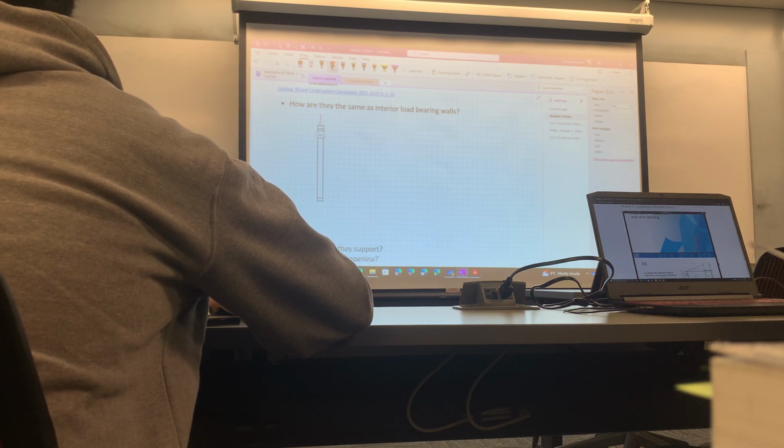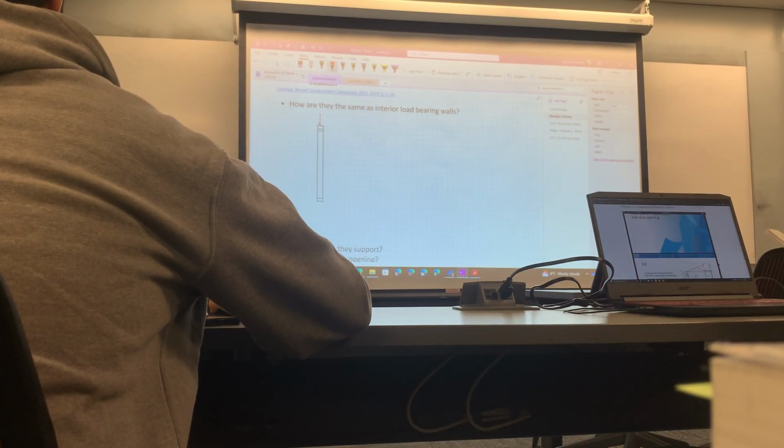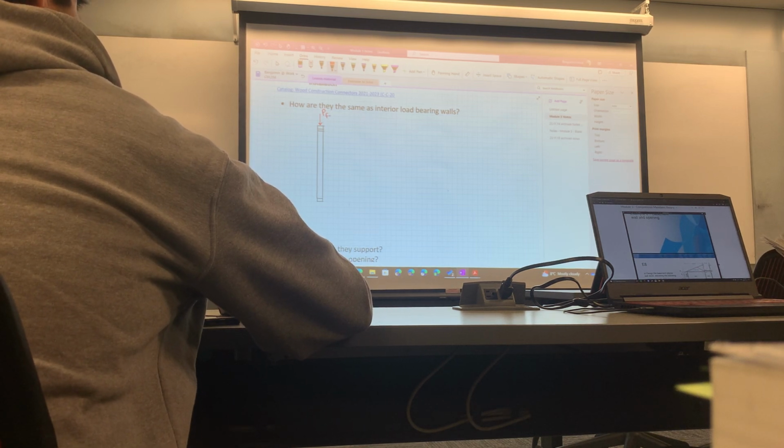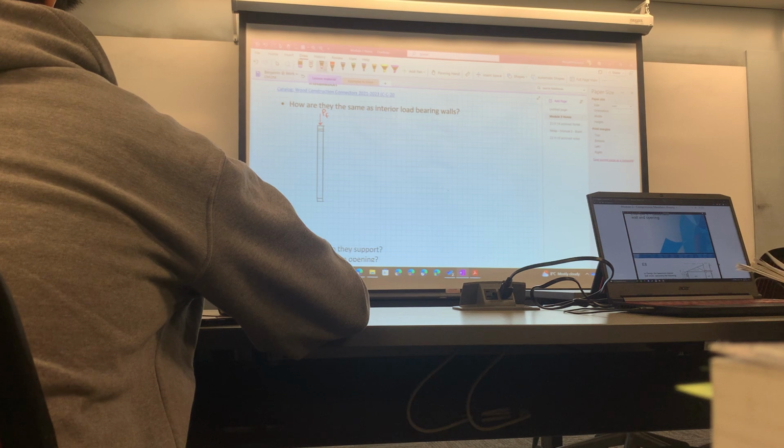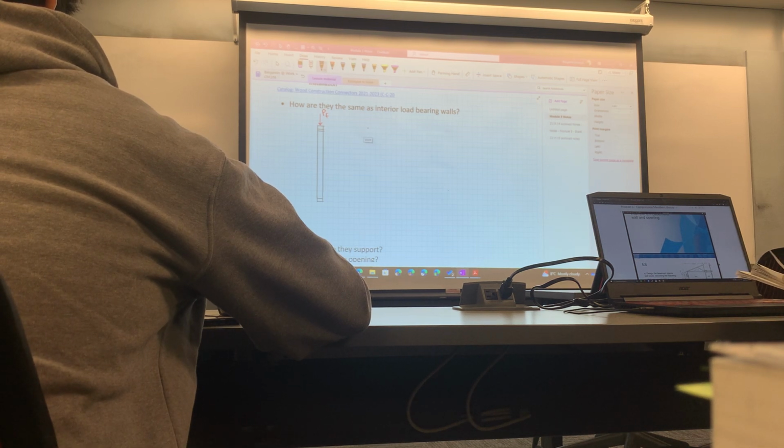So this is what we've done so far. That's an interior wall. And here's the elevation view.